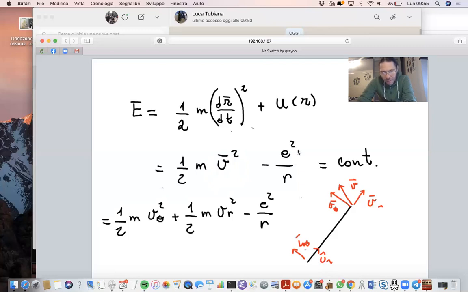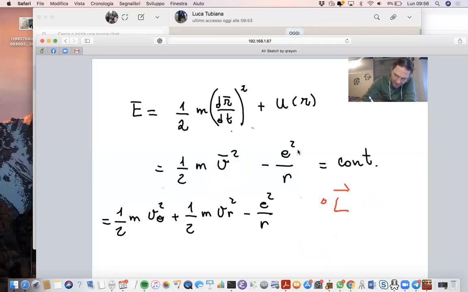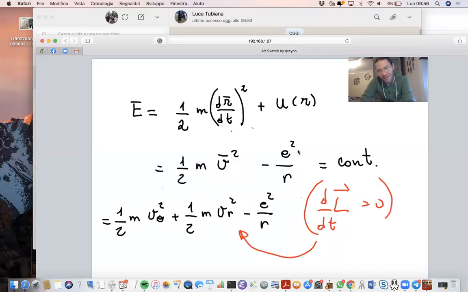Now, here comes the second major simplification that comes from the conservation laws that I discussed before. So to see our conservation of angular momentum, we want to use the conservation of angular momentum here to simplify the expression stating the conservation of energy. We want to use this second coin.